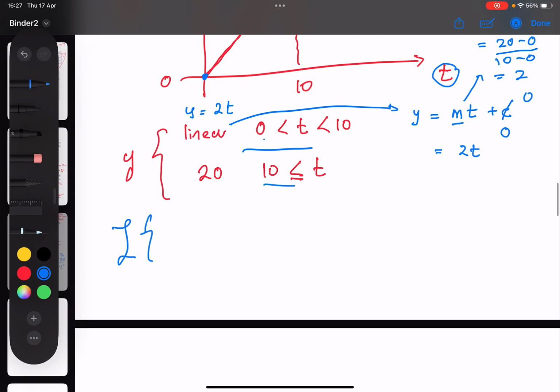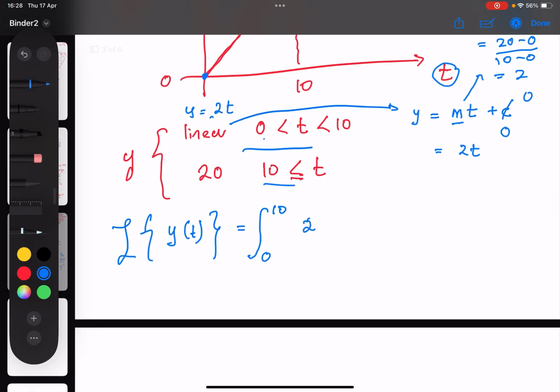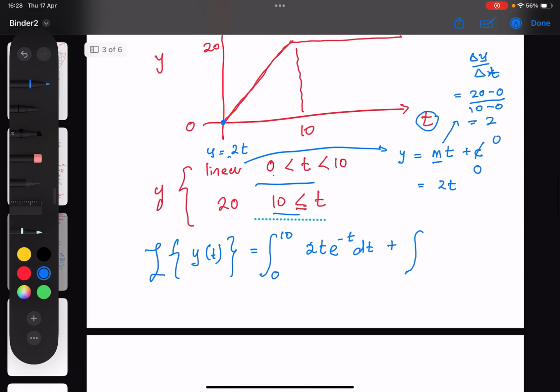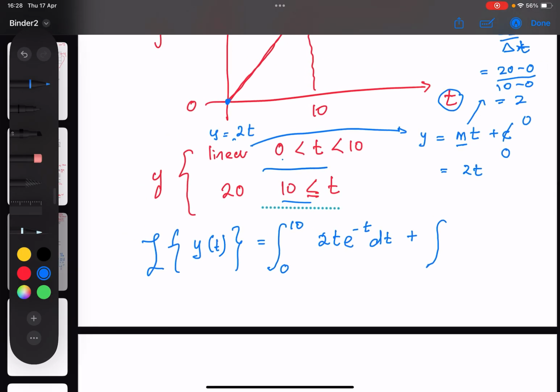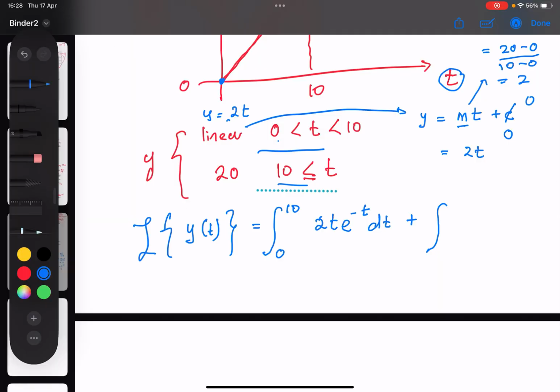Laplace of Y as a function of T equals the integration from 0 to 10 of Y, which is 2T, multiplied by e to the power of negative st dt, plus, for t equal or greater than 10, the value of Y equals 20.